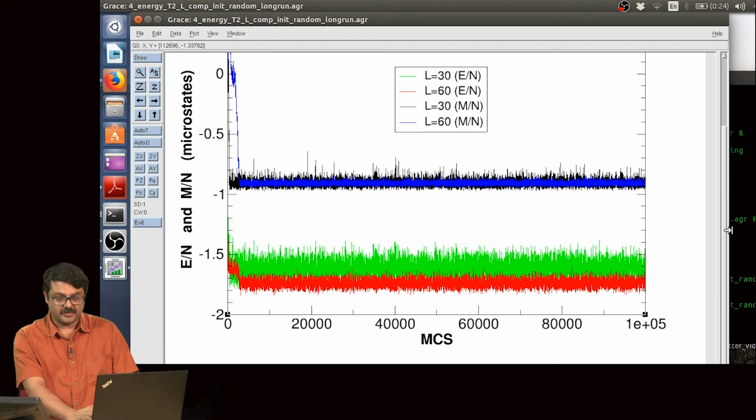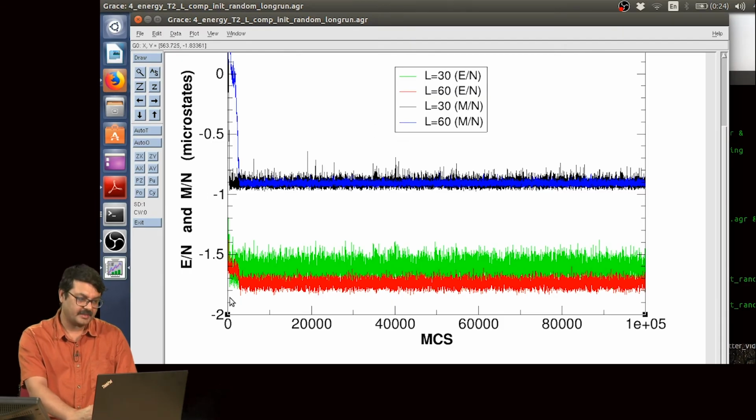There is another thing I would like to point out. Now, if you look at the magnetization per spin, this is E by n and this is m by n, which I have plotted in black for L equal to 30 and in deep blue for L equal to 60. You see, you have started from an initial random configuration, and it takes some time for the system to reach equilibrium, and you see that the magnetization is exactly on top of each other, right.